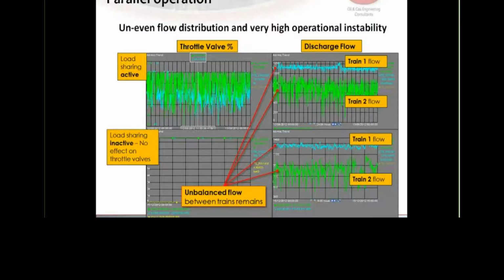Train 1, having high performance, draws a majority of the flow, and in this situation we call it the master train. Train 2 automatically becomes enslaved, and what ends up happening is that train 1 is operating at above capacity flow while train 2 goes into recycle, and this is something we do want to avoid. So this is what we took out from the first bit of this data.